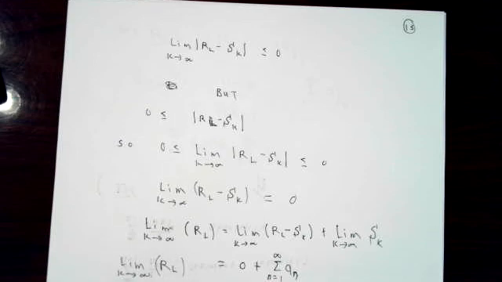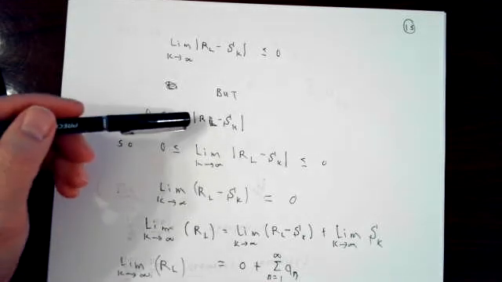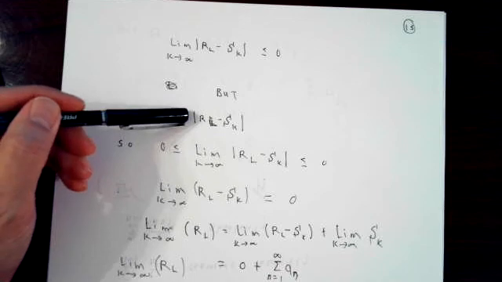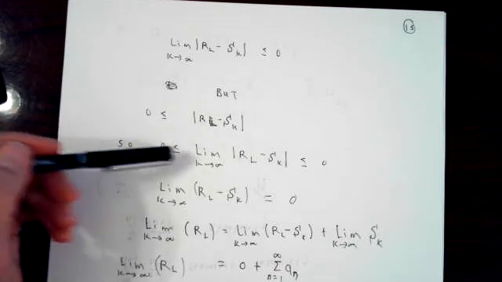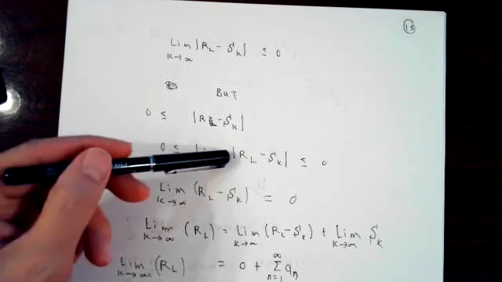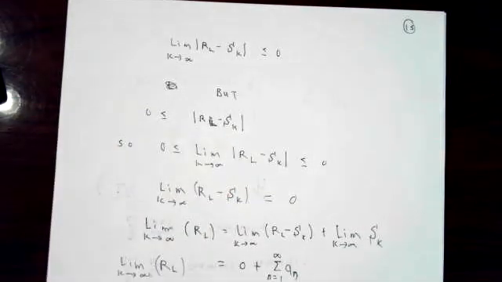But on the other hand, all of these absolute value quantities can't be negative. So this tells me that 0 is less than or equal to this limit, which is less than or equal to 0. There is only one number that's between 0 and 0 in this inequality sense.